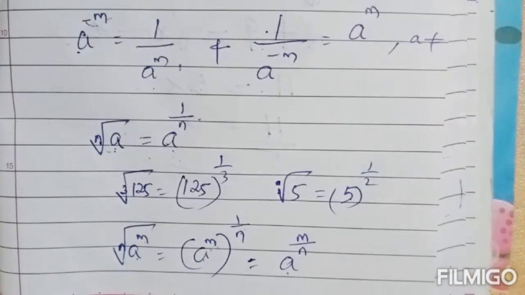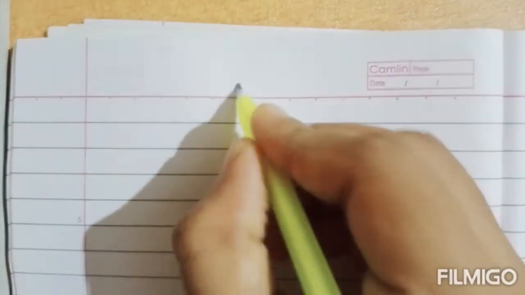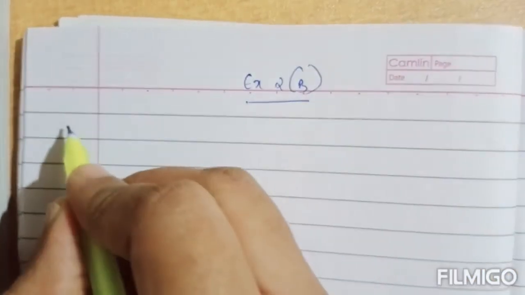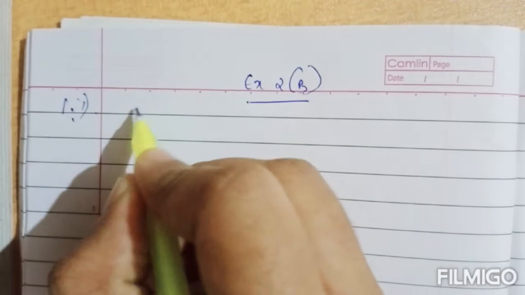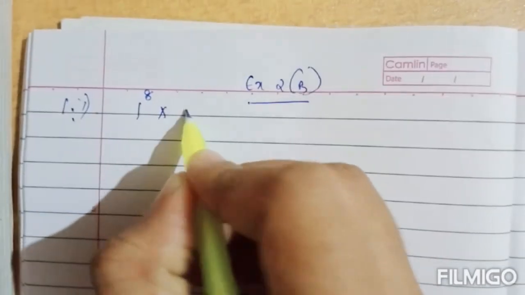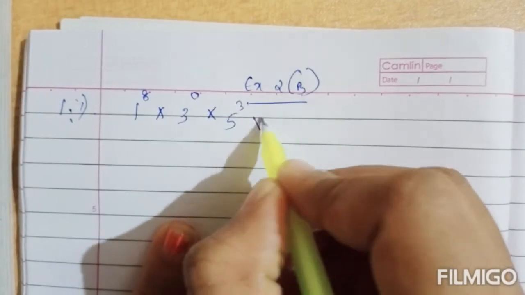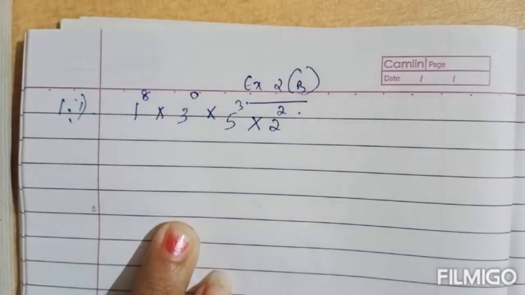Okay. Now let us start exercise 2b. Exercise 2b, in that first question, compute. First one, 1 raised to 8 into 3 raised to 0 into 5 raised to 3 into 2 raised to 2.